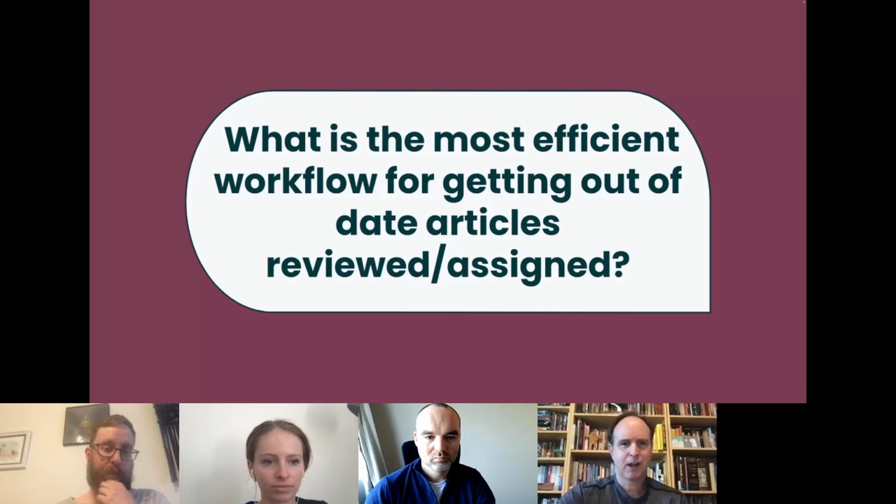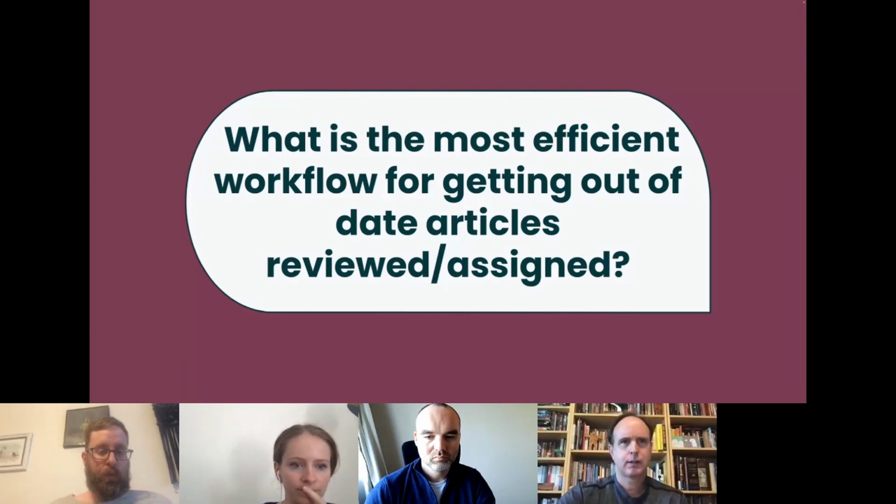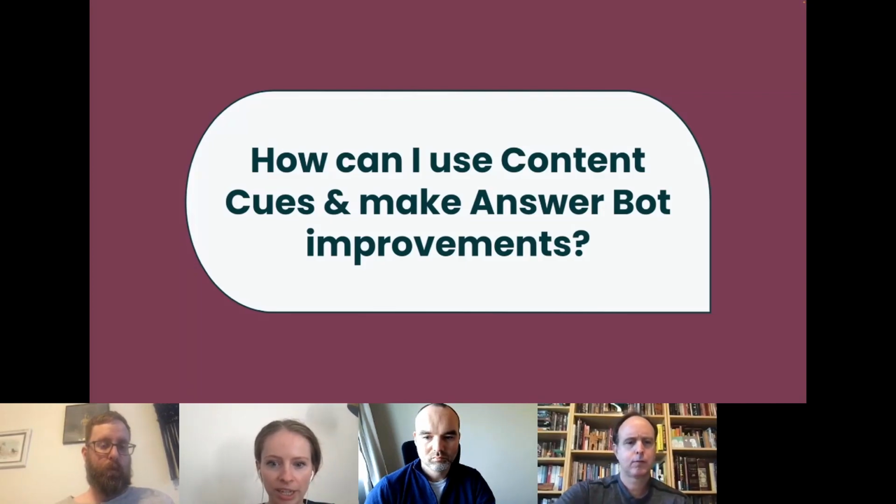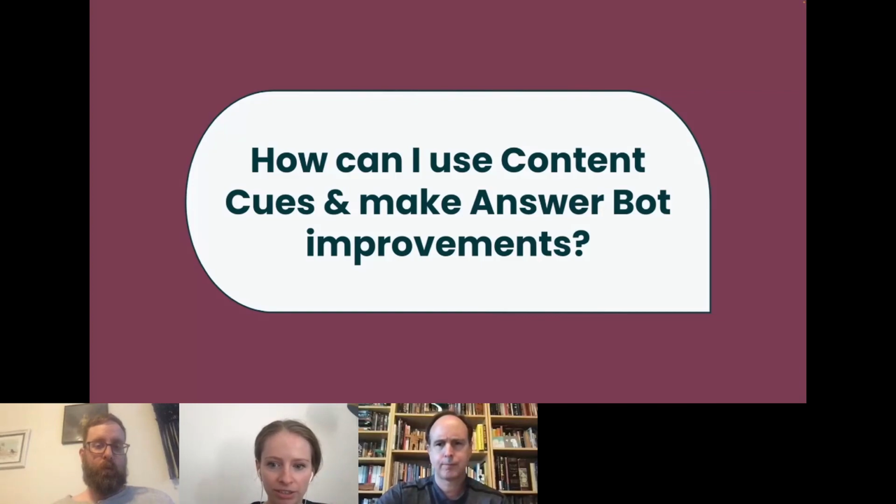Awesome. Thanks, Ben. All right, next question. How can I use content queues and make AnswerBot improvements? I'll take this one, and it's an interesting one because these are two different features working separately, but I understand how you're wanting to use them together.